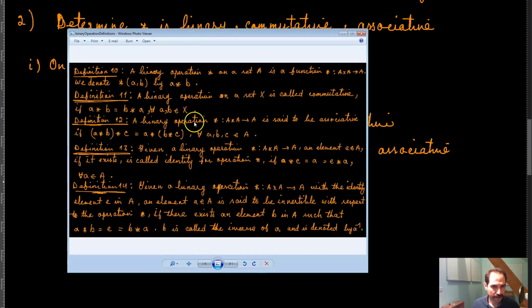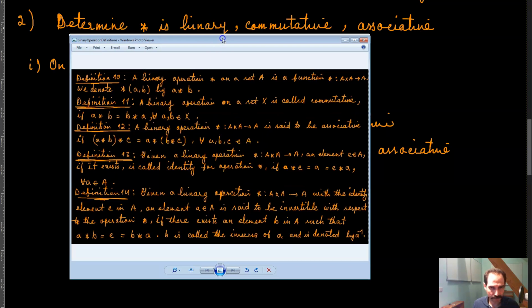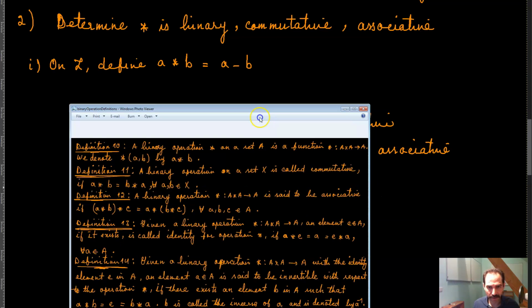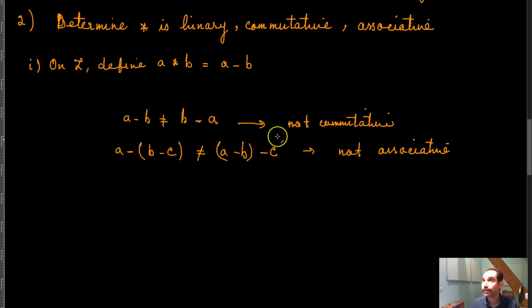And the binary operation star on a set A is said to be associative if (A star B) star C is equal to A star (B star C) for every A, B, C belonging to A, which is of course not the case here. So now let me write down the solution.